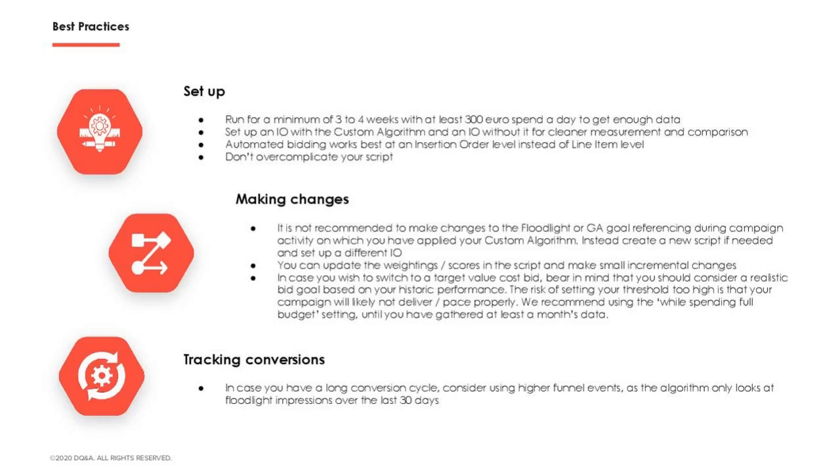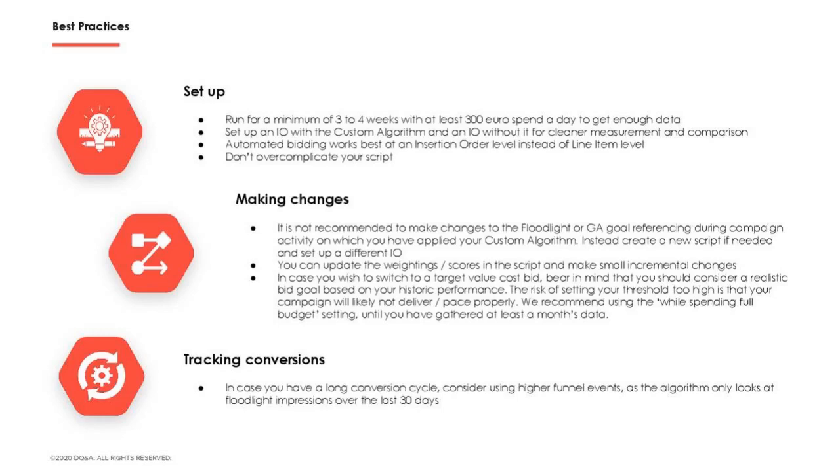So based on your historic performance, imagine if previously, before all this, you were setting a target CPA bid and your historic performance was showing that you've been getting €30 CPA over the last 30 days. Setting a target goal at €10 CPA is, in this example, not realistic. So have a close look at your data over the last month, and set a realistic target.